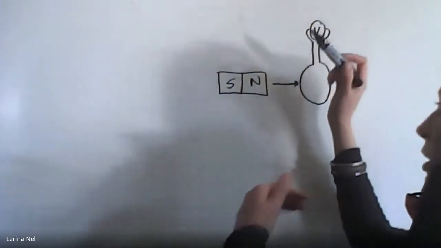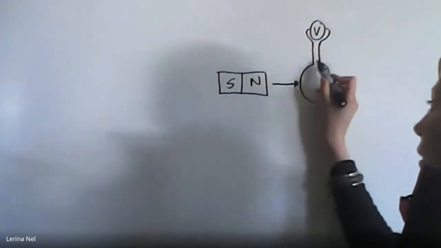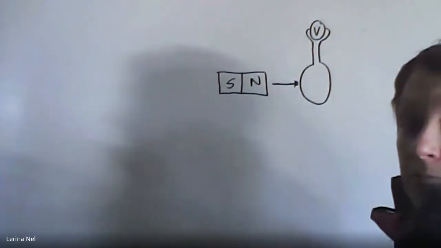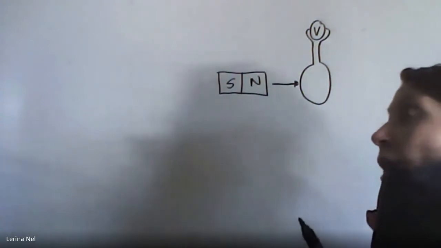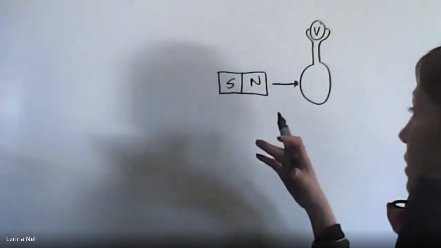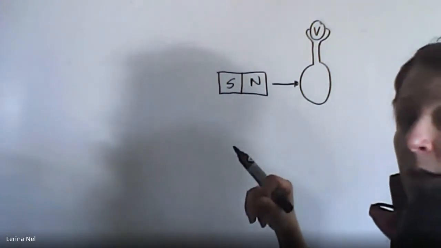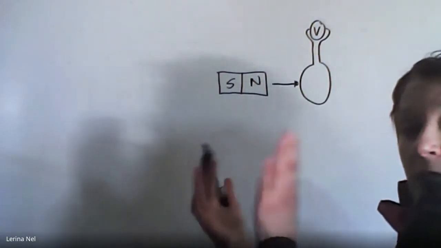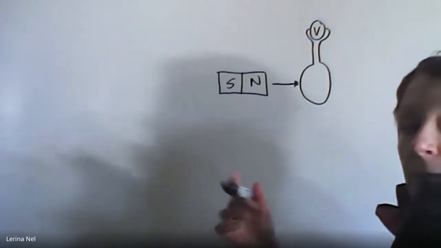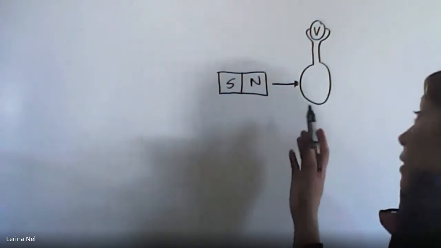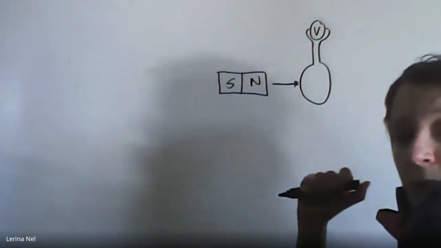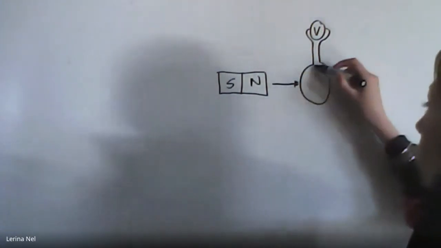So what they saw was, bringing this magnet close to this wire actually induced current in the wire. So a magnet on its own, close to a wire, does not necessarily generate electricity. But moving a magnet and a wire, you can move the one or the other, is going to induce current in this specific conductor.